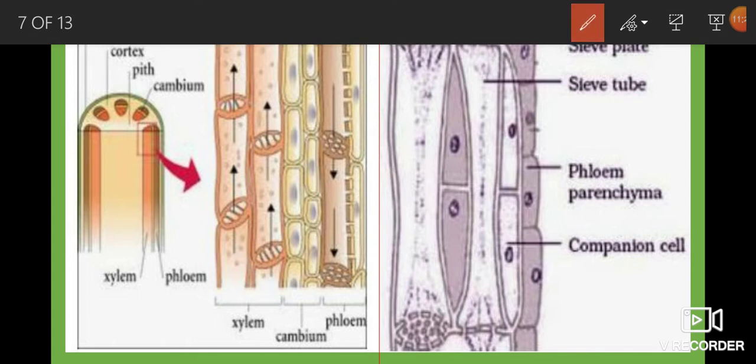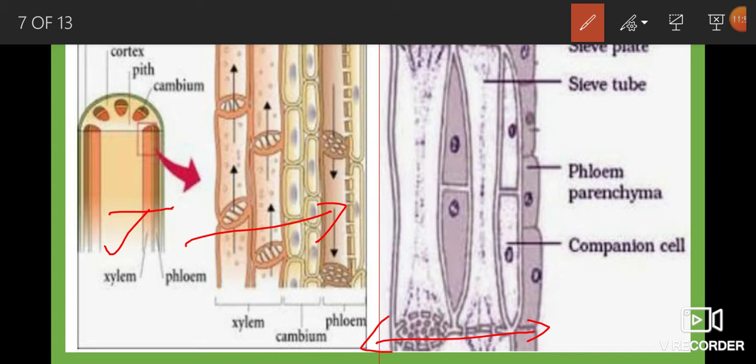In this, this is the section of stem, and this is the elaborated region of phloem from this picture, and this is also the second picture of phloem. Phloem is nothing but it transports food materials usually from leaves to other plant parts.